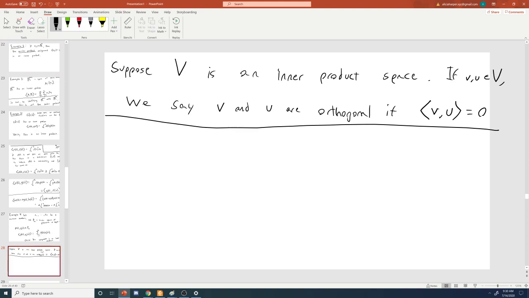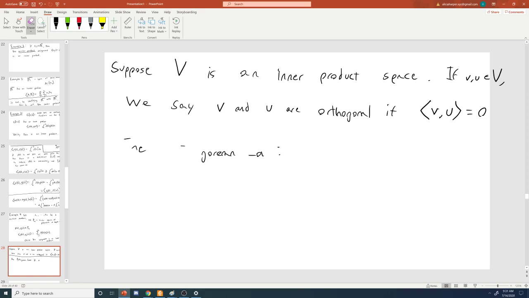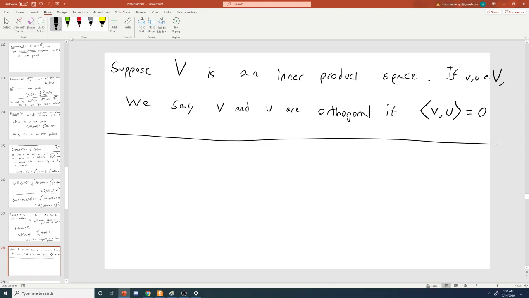And so here is our first theorem, and this is the Pythagorean law. So here's what the Pythagorean law tells us. If V, actually, I need to say one more thing real quick that I almost forgot. So if V is an inner product space, we have a notion of orthogonality.